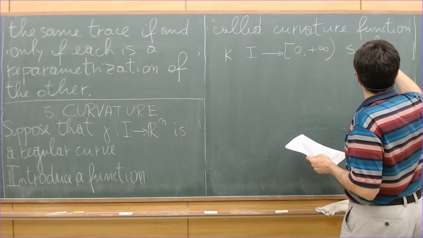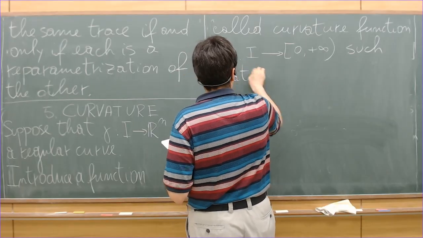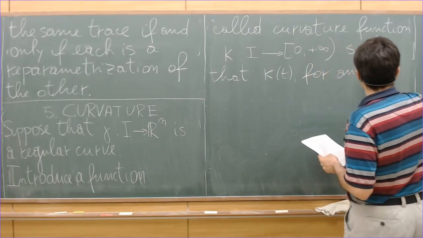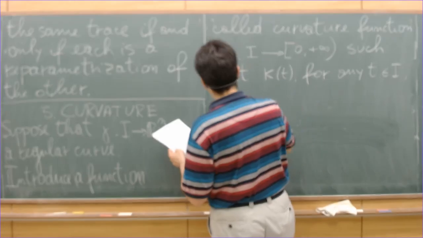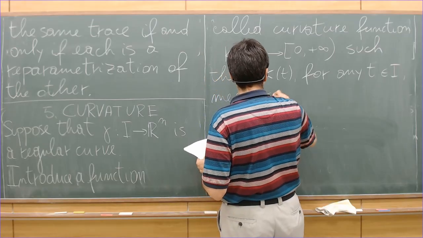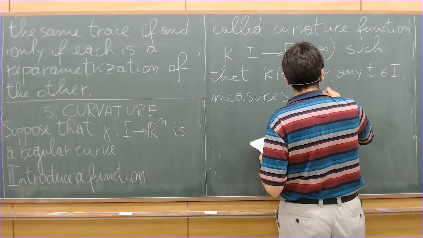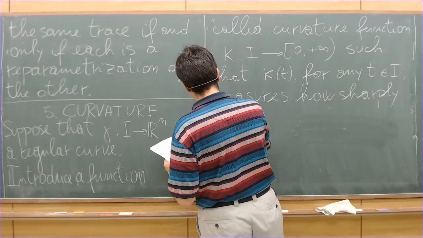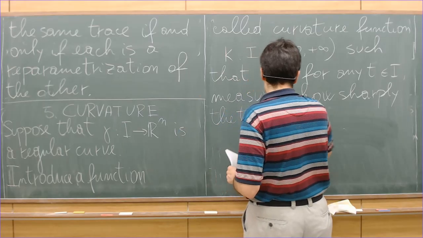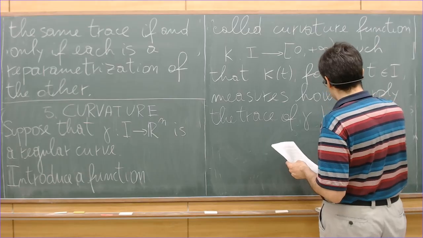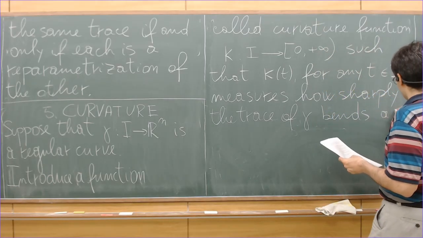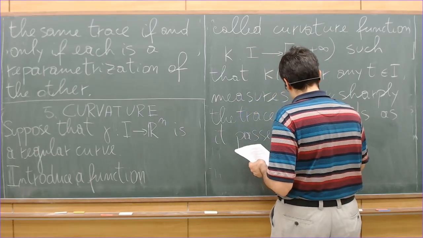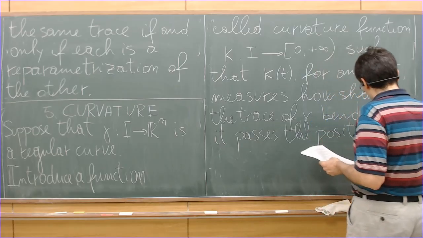such that k of t, for any t in I, measures how sharply the trace of gamma bends as it passes the position gamma of t.